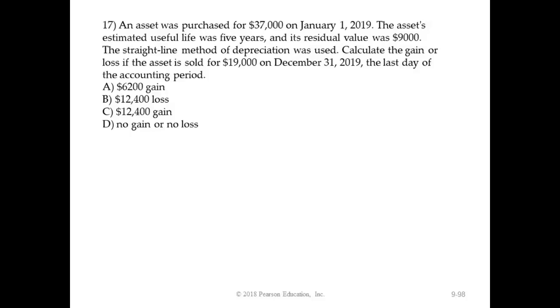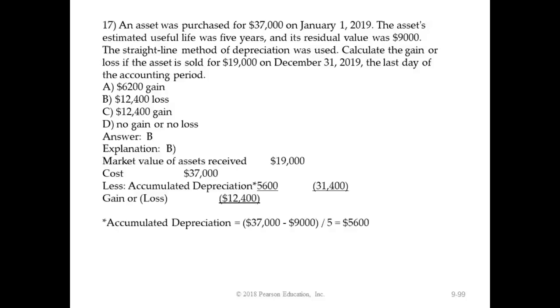We've got to figure out accumulated depreciation for that first year. So we're going to be using straight line on this one. So what's going to happen here is my cost of my asset less my first year of depreciation, or my only year of depreciation, which in this case is $37,000 minus $9,000 divided by 5 years, or $5,600 in total.